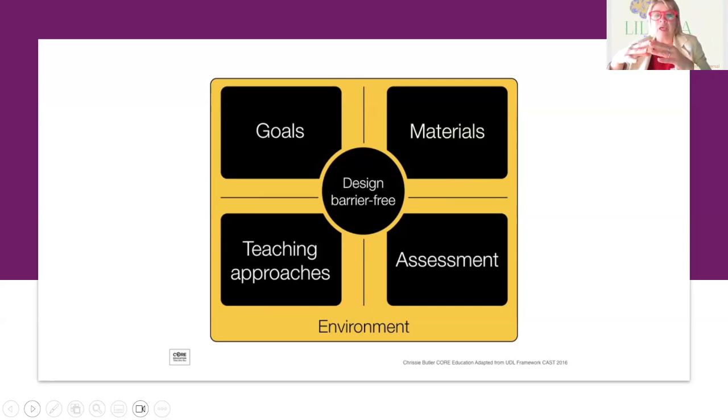And you have students with some disabilities, for example, students with autism or with dyslexia. You have students who don't enjoy reading. What are the goals, the material, the assessment, the barriers? Because here the most important thing for UDL is to design a barrier-free environment.